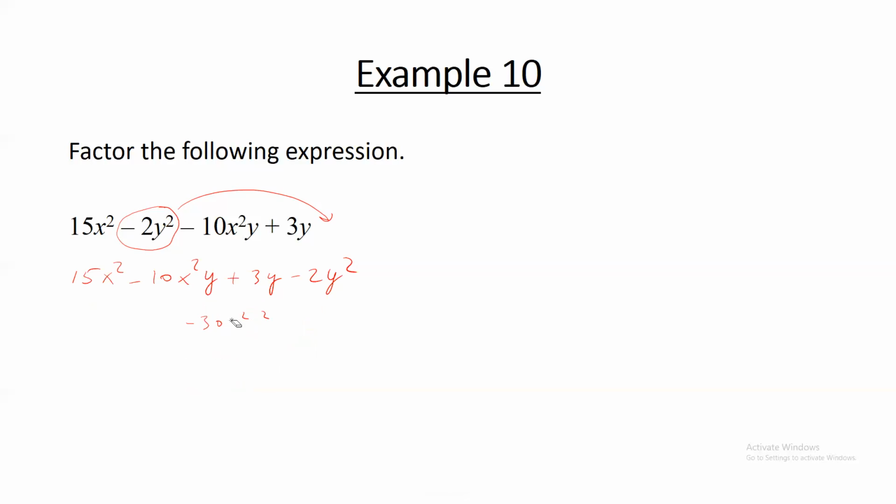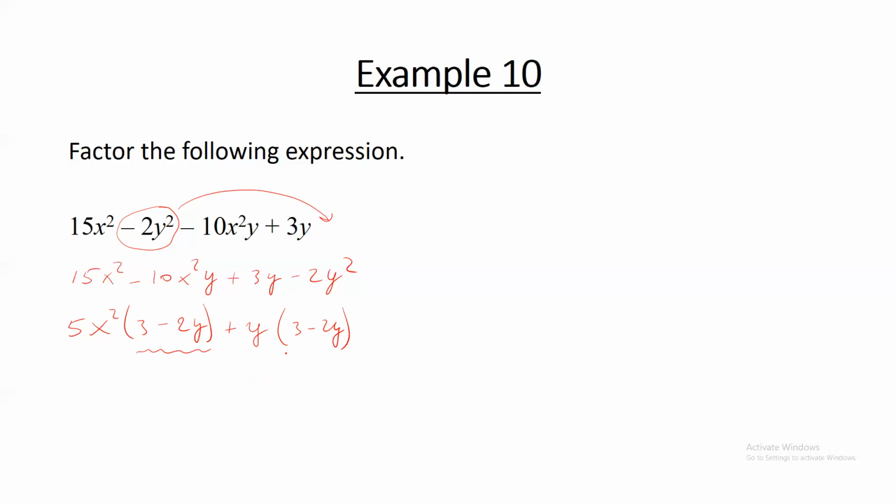If this didn't work, nothing works, and you would just say the expression can't be factored. But because this did work, we can now confidently continue, and we can factor out, let's see, 15 and 10, we can factor out a 5. They also both have an x squared, leaving us 3 minus 2y. And we could factor out a positive y, also leaving us a 3 minus 2y.